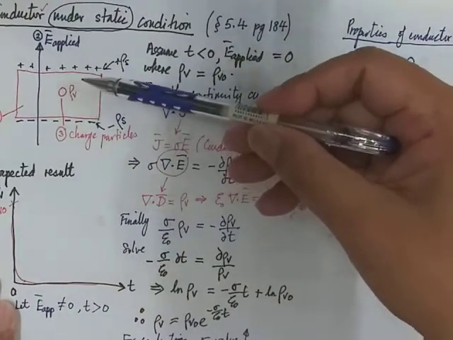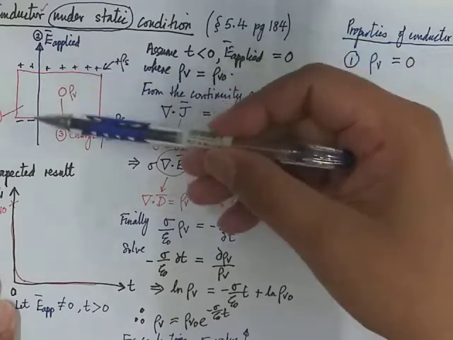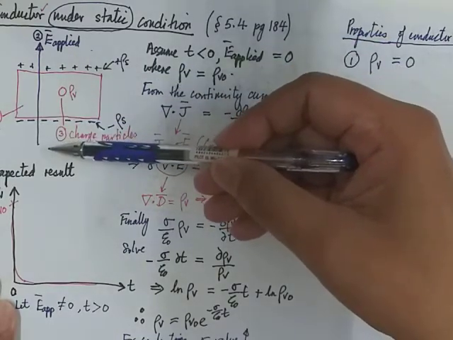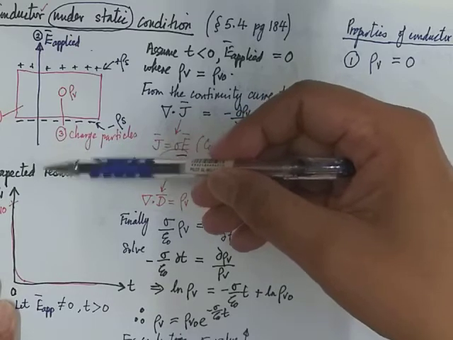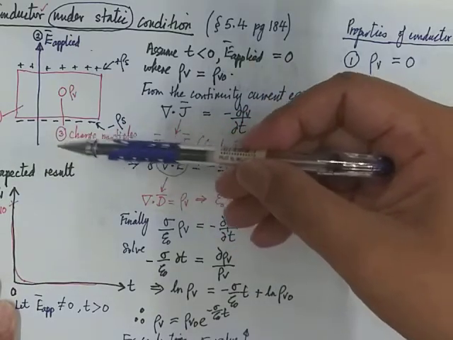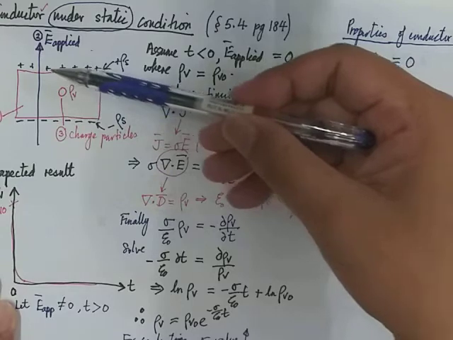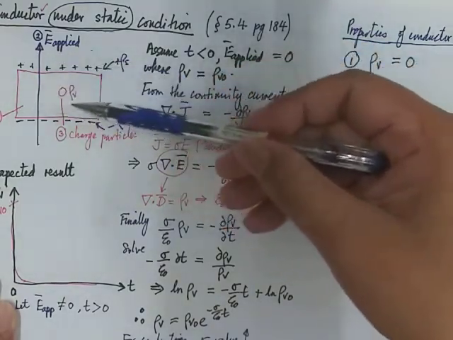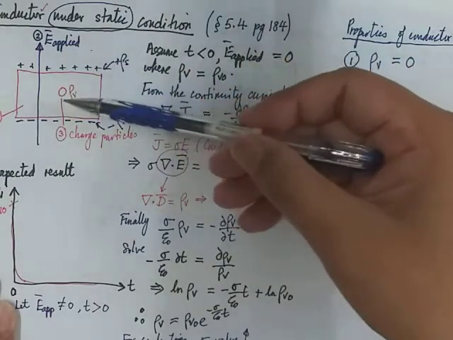Logically, this charge cannot move beyond the conductor medium because the region here and down here is non-conductor. So the charge can't move, and it can only stay at the border of the conductor medium.